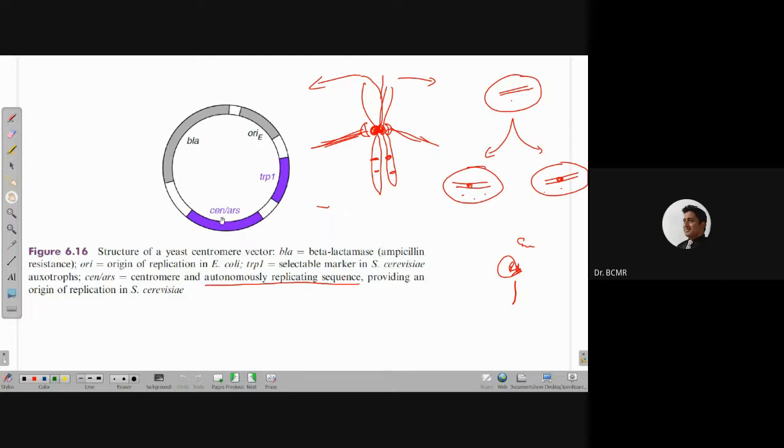The centromere plus the autonomously replicating sequence will synchronize the replication and segregation of this vector into the daughter cells along with that of the genome, because the centromere is where the kinetochore forms, and the spindle fibers will pull them to each pole of the cell, thereby each daughter cell getting one copy each.